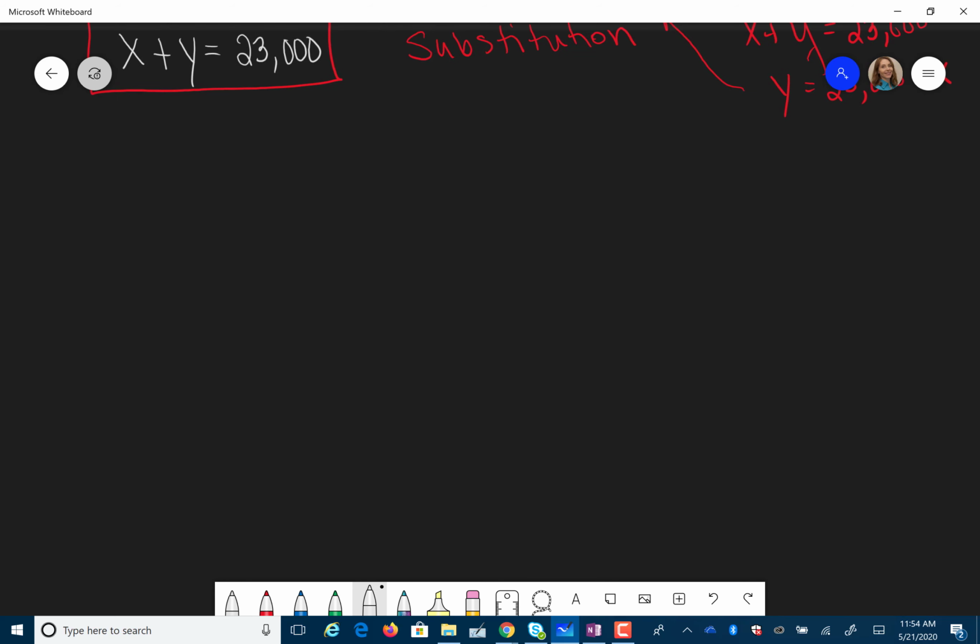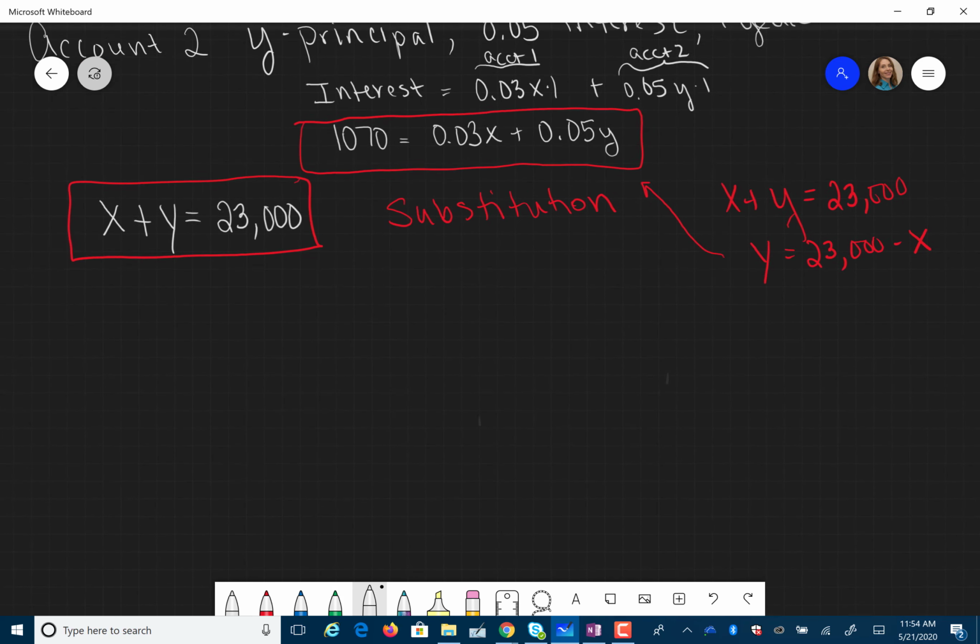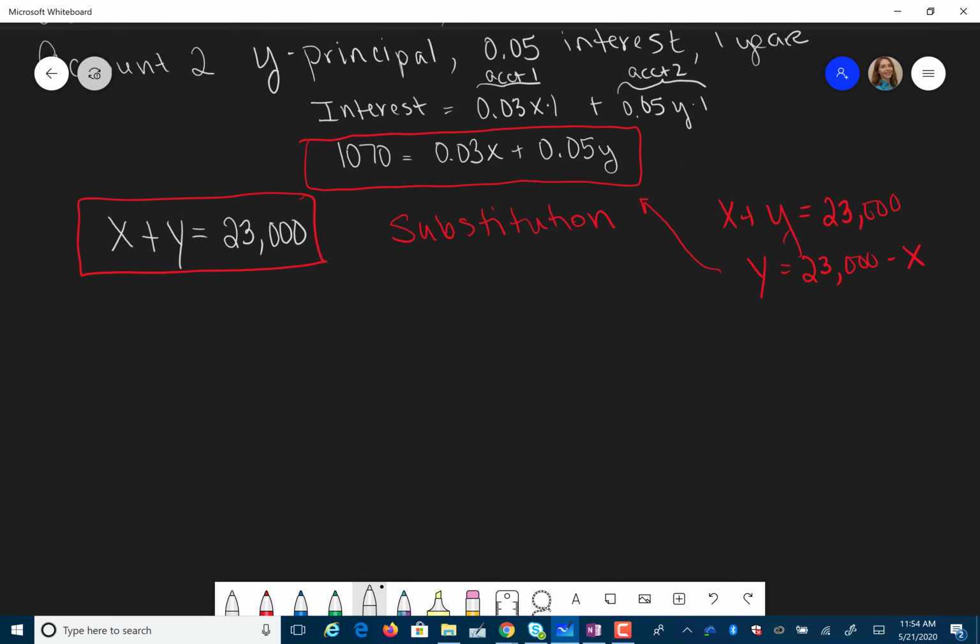So we'll scroll up a little bit. In the place of y, I'm going to write this thing right here, 23,000 minus x, because those are the same. And so now we just need to work this problem out.